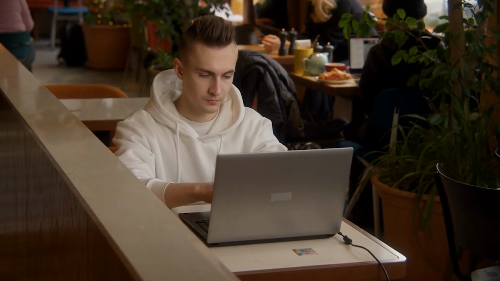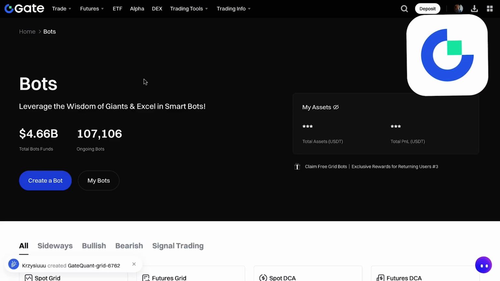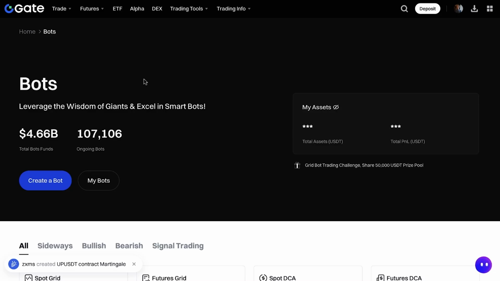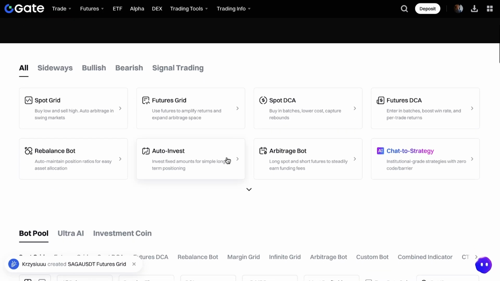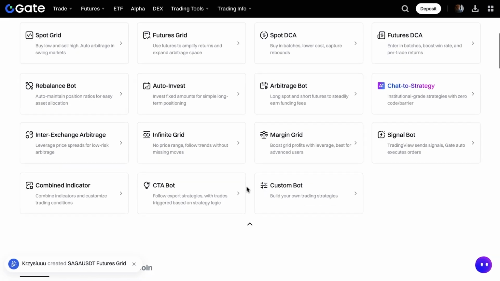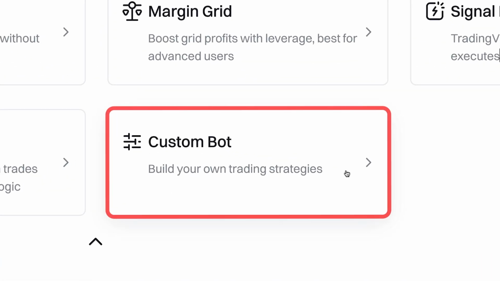And if you want another all-in-one platform without monthly subscription, without fees, that has almost everything, Gate is a great option because it was founded already in 2013 and they have added so many different trading products that it's hard to imagine. They have more than 10 different automated built-in trading bots, as you can see on the screen, even custom trading bots.